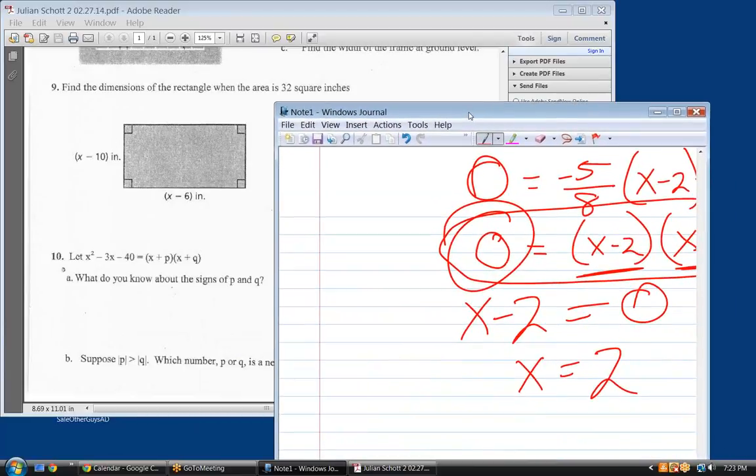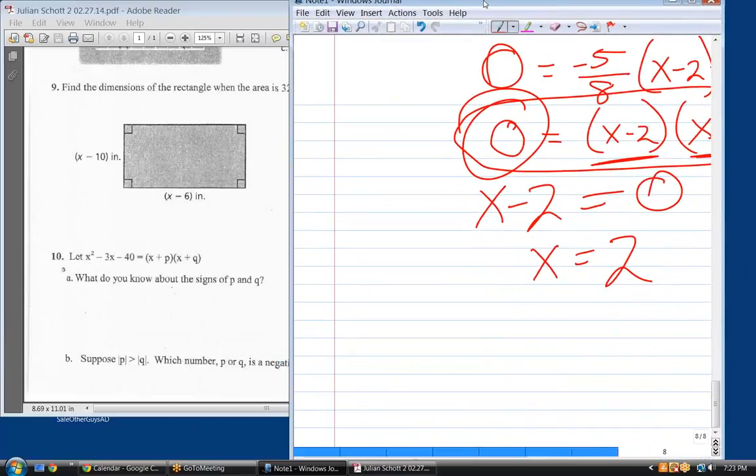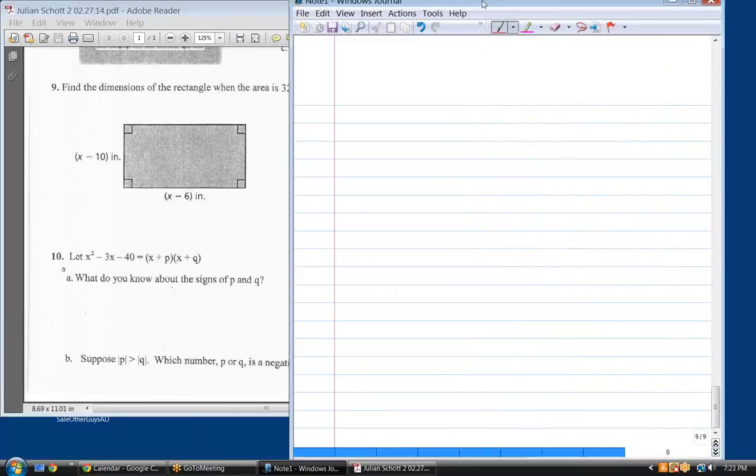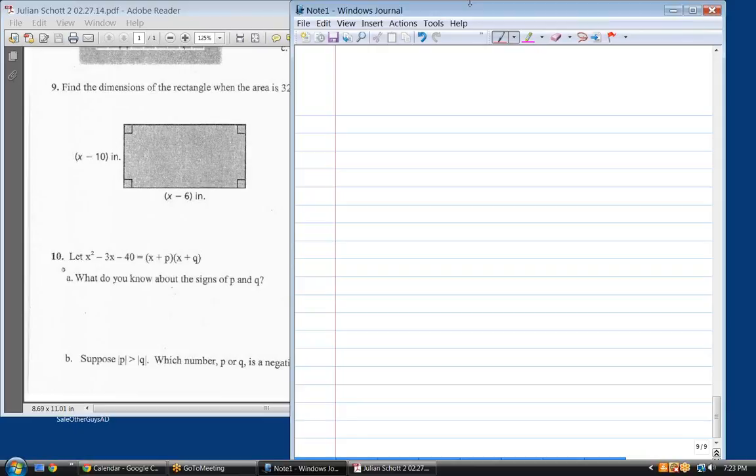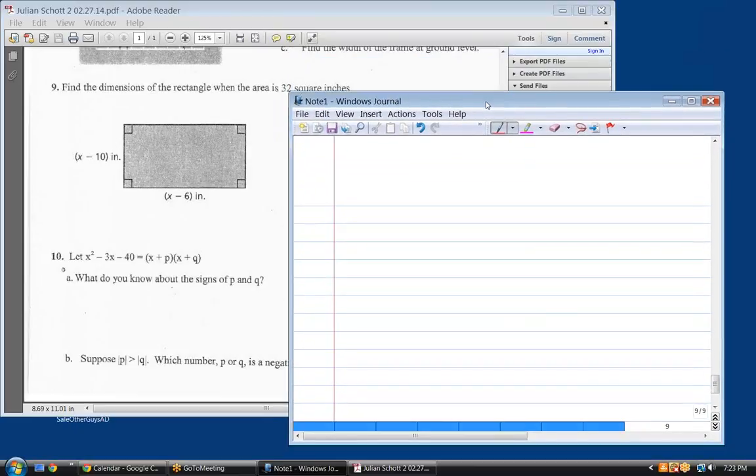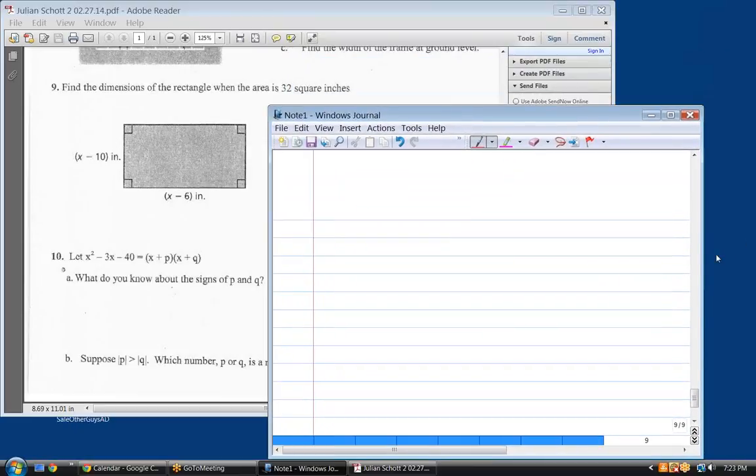Find the dimensions of the rectangle when the area is equal to 32 square inches. How are we going to do that?